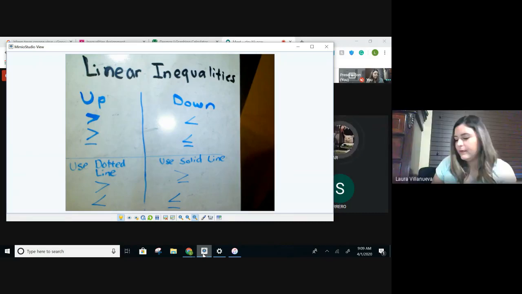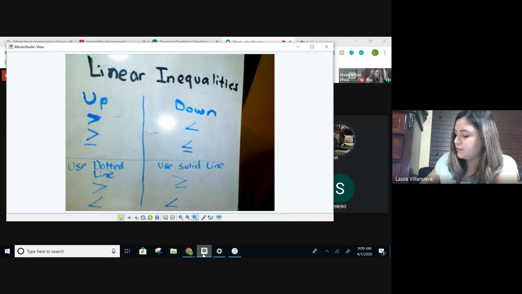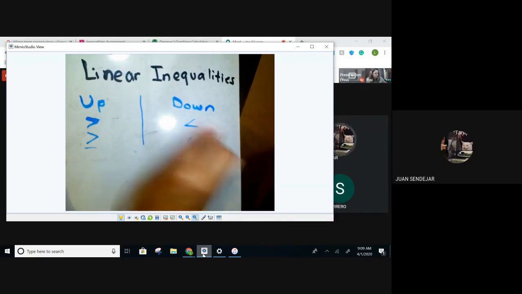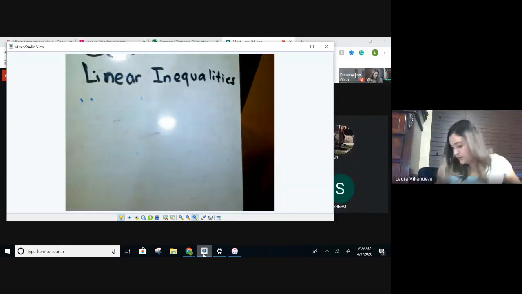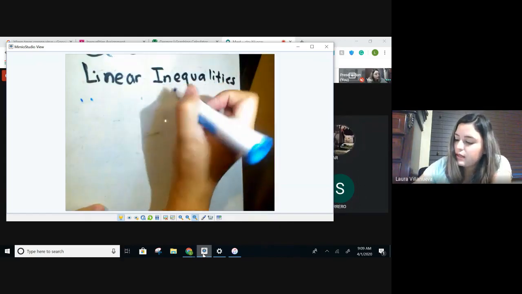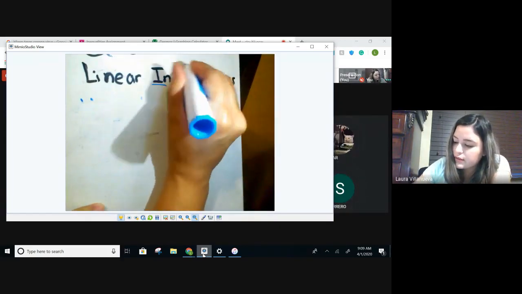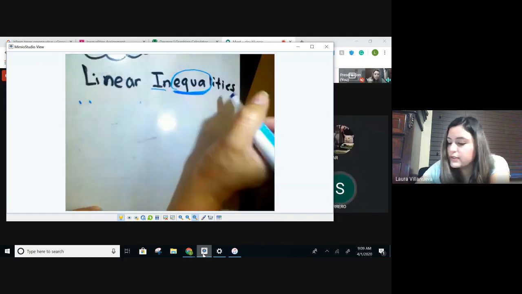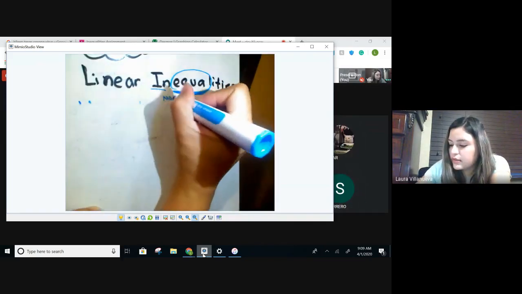Okay, I'm just going to delete this because I wanted to go over what a linear inequality is. Unequal kind of says it in the words. It's not equal.